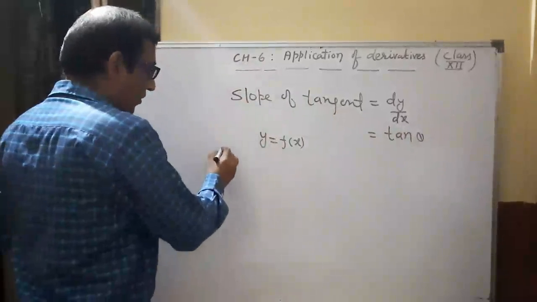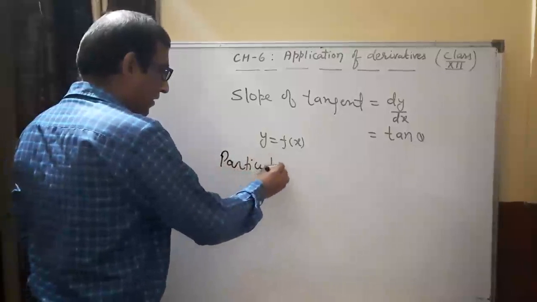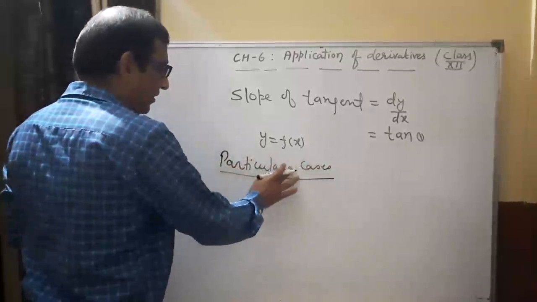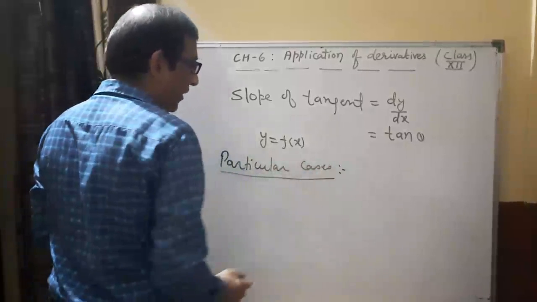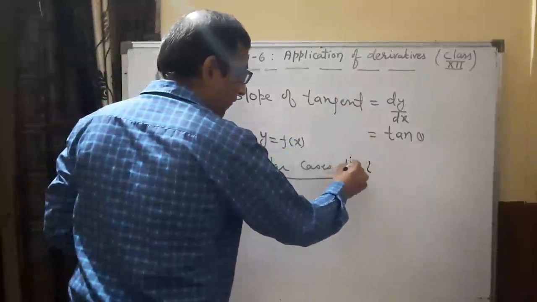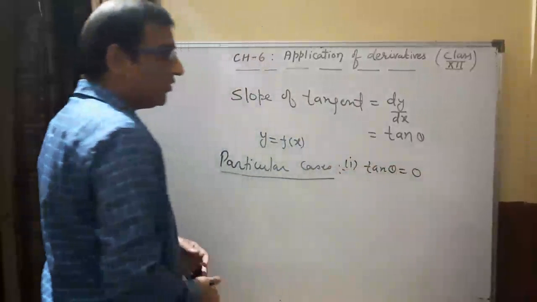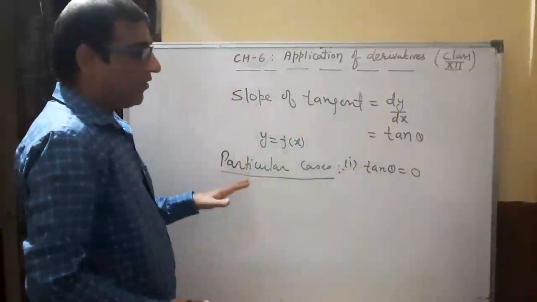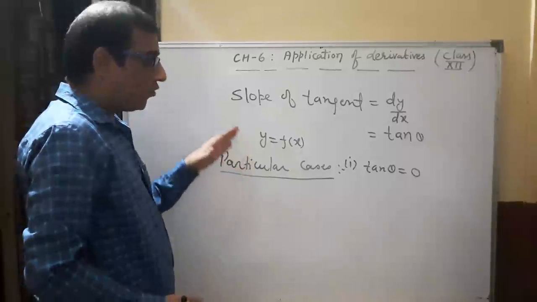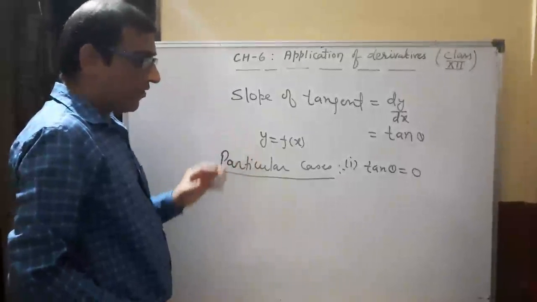Now we will continue with some particular cases. In particular cases, if the slope of the tangent, it means if tan theta equals 0, then the tangent line to the curve y equals f(x) is parallel to the x-axis.